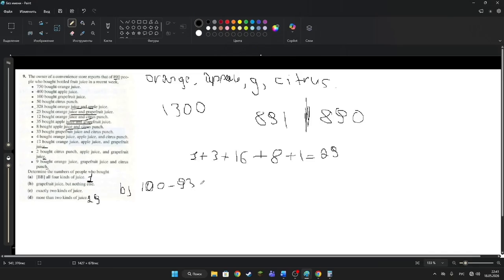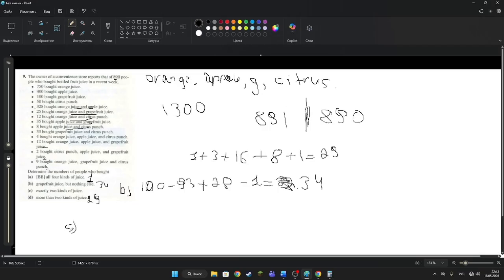Then we add the number of people who only buy 3 juices, 28, and minus 1, that one person who bought all juices, and it's gonna be 22. Yes, oh I'm sorry, 34.